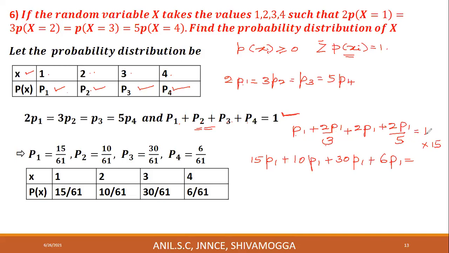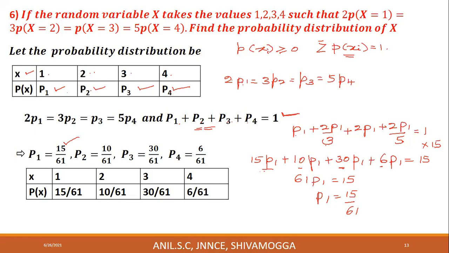This is equal to 15 into 1, which is 15. How many p1s are there now? 15 plus 10, 25. 25 plus 30, 55. 55 plus 6, 61. 61 p1 is equal to 15. Therefore, p1 is equal to 15 divided by 61.